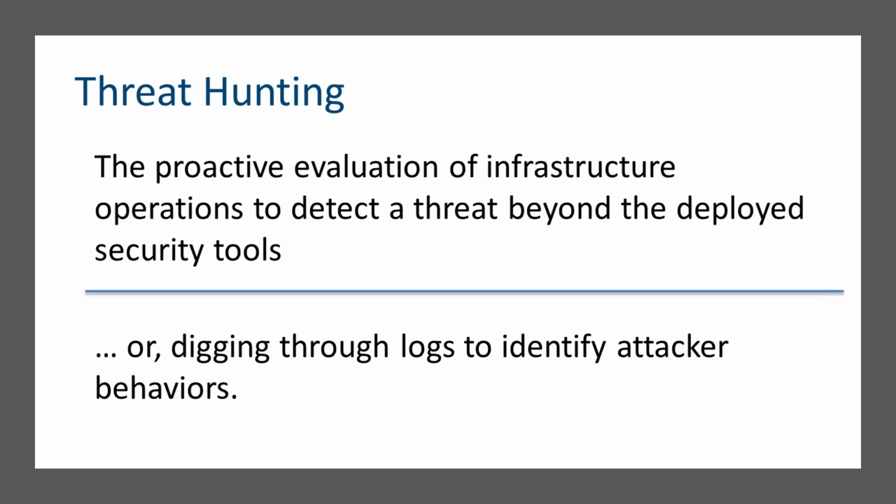I look at hunting, and especially threat hunting, as really saying, okay, there are threats out there that I might be vulnerable to. I'm going to go see if I can see an attacker using those threats in my environment. Or maybe there's something weird going on. It doesn't say that there's an attack, but I'm going to go investigate because it looks like it could be X, Y, or Z. We use the word threat before the hunting.